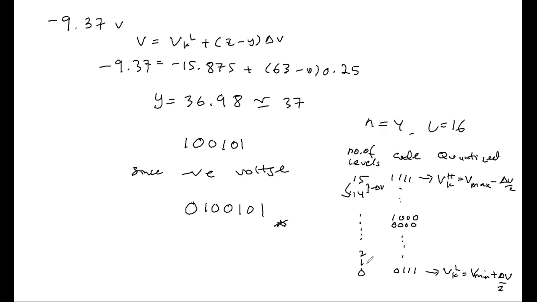If you go up one level, plus delta V. If you don't want to use the formula, you can do this manually. But like I said many times before, if your n is high, like 7 or 8, where you have hundreds of levels, like 128 or 256, it's very difficult, so you need to use the formula. If you understand the formula, it's actually very easy.